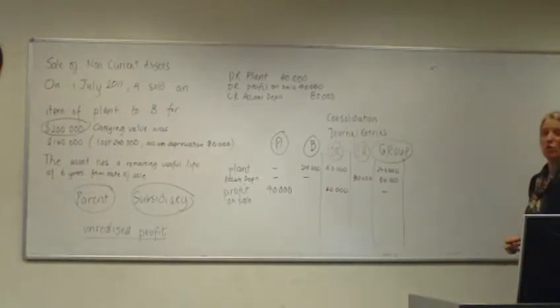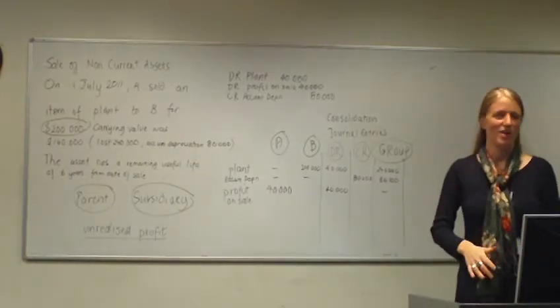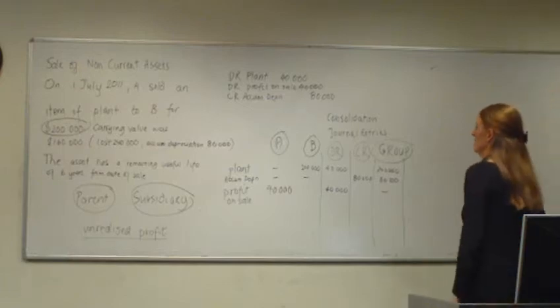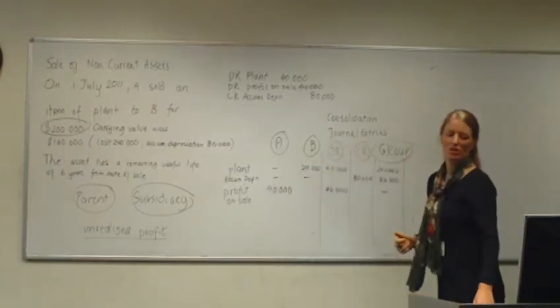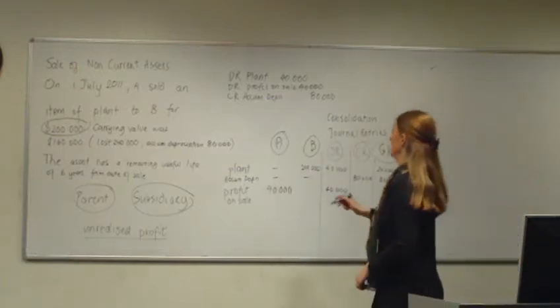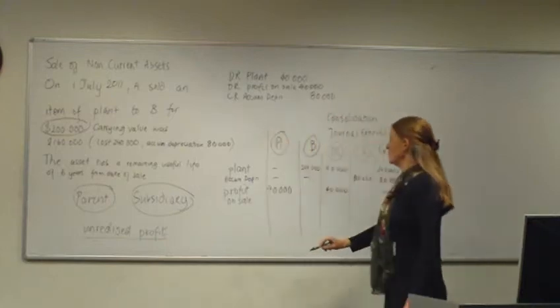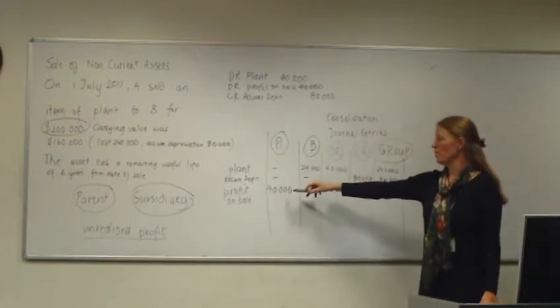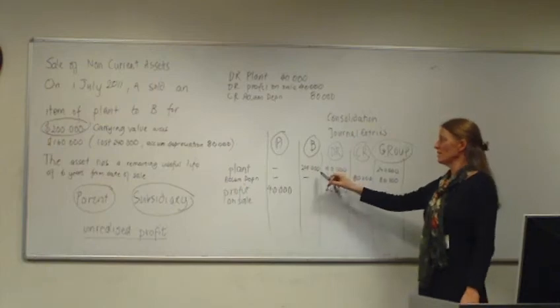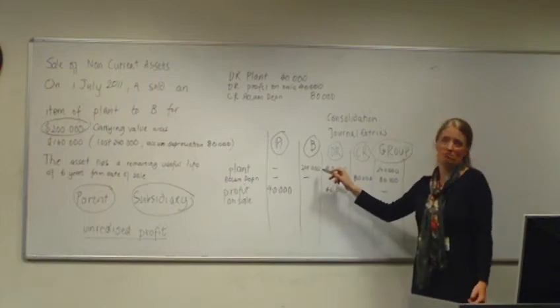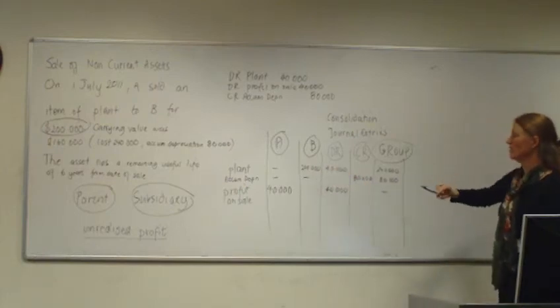So it's that simple. All you're doing is saying what would have taken place in the books of the parent and the subsidiary after the sale. They would have made a profit on sale, and these guys would have plant in their books at whatever they paid for it.